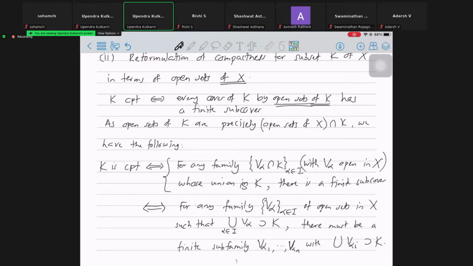I mean, the point that one is trying to make is the following. You see, suppose I have a space X, a subset K, and suppose I take some other subset U, all right?